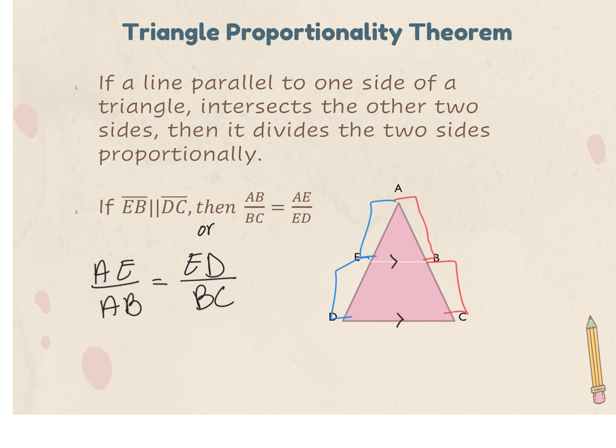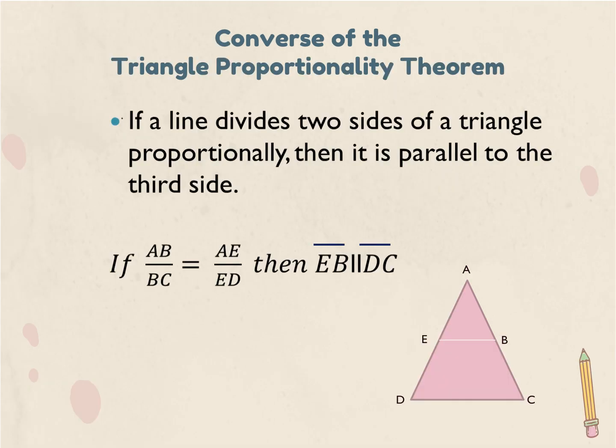All right, going to the next slide. Converse of triangle proportionality theorem. Converse means it's flipped. It's switched. If you need me to go back, I'll go back after. All right. If a line divides two sides of a triangle proportionally, then they're parallel to the third side.